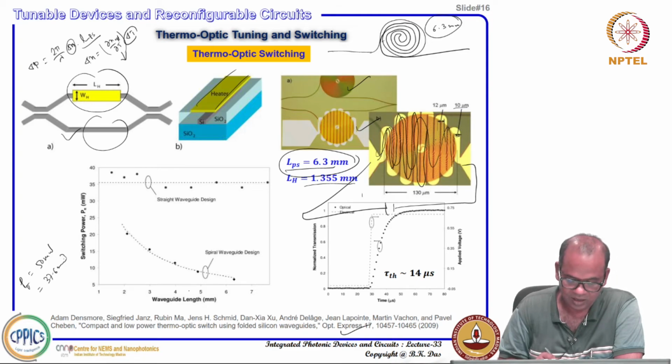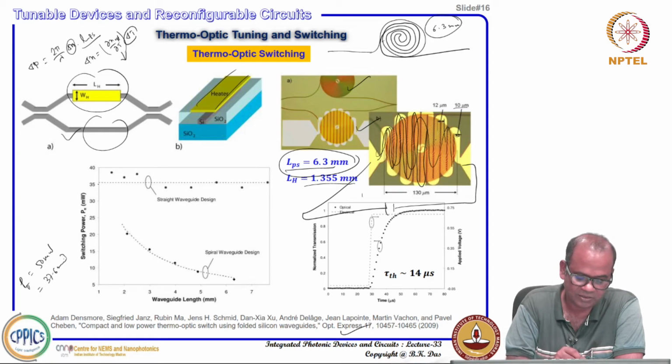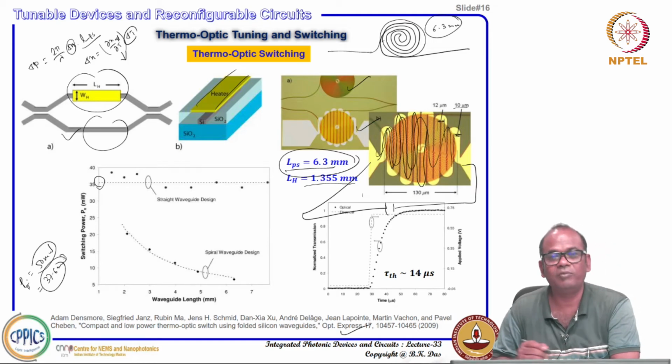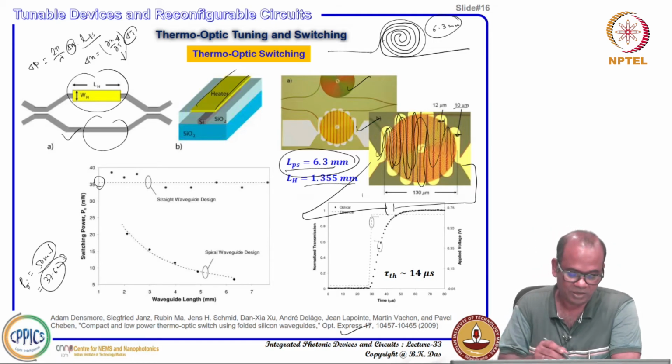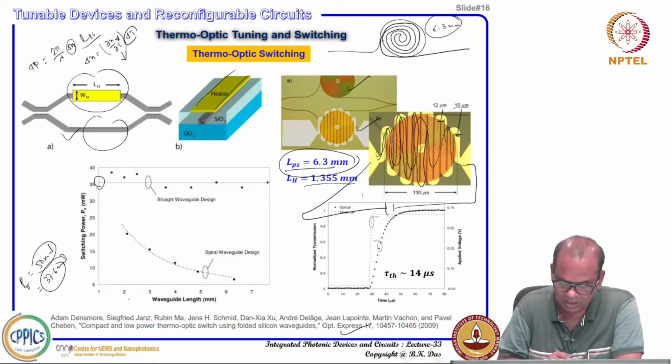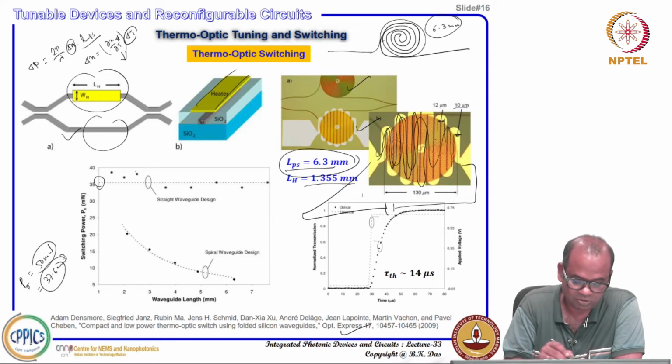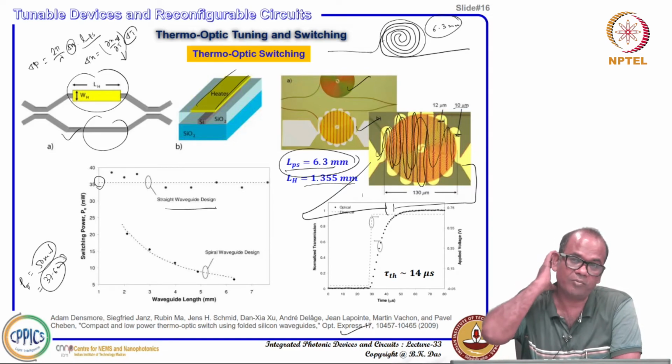They have shown that for a straight waveguide, the switching power requirement is about 35 milliwatt, exactly what we got for our bent waveguide structure. Our straight waveguide structure we demonstrated required 50 milliwatt, but here, for almost any waveguide length you need, the power required for switching is about 35 milliwatt if you are using a straight waveguide.